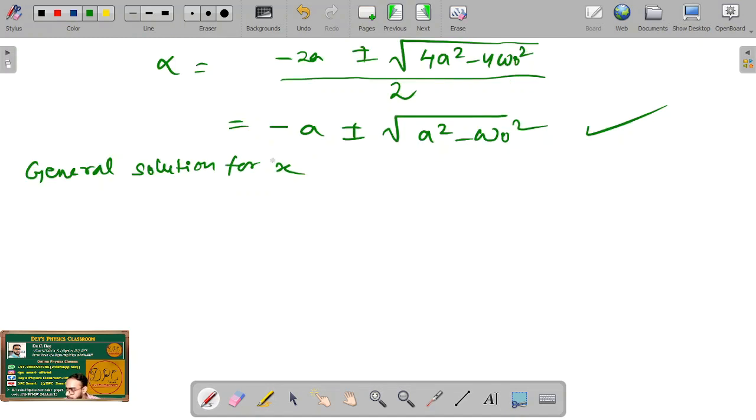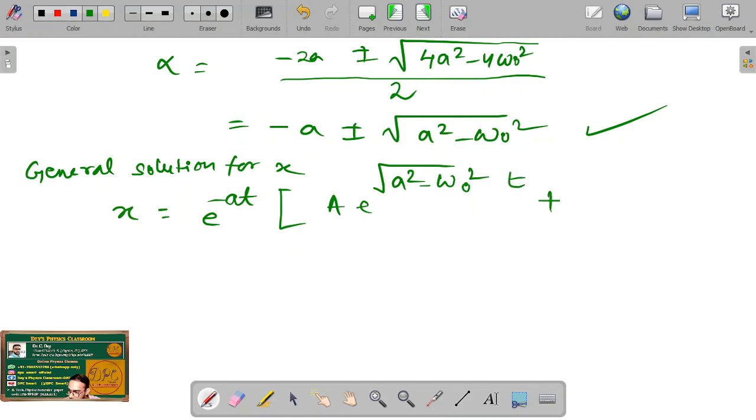The general solution for x would be x equals e to the power minus at into [A e to the power root(a square minus omega 0 square) t plus B e to the power minus root(a square minus omega 0 square) t]. So this will be the general solution for x.